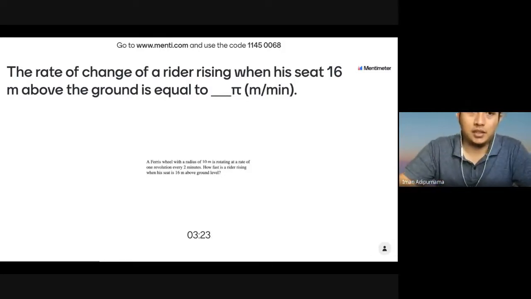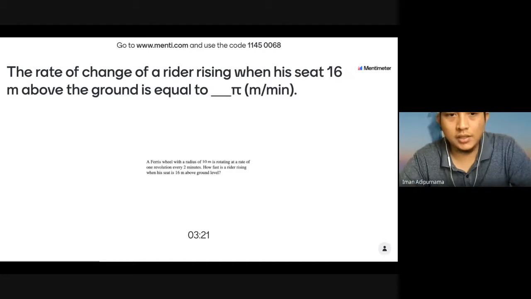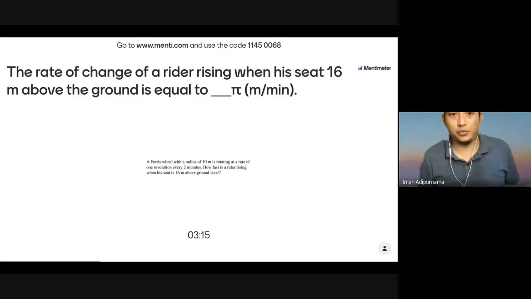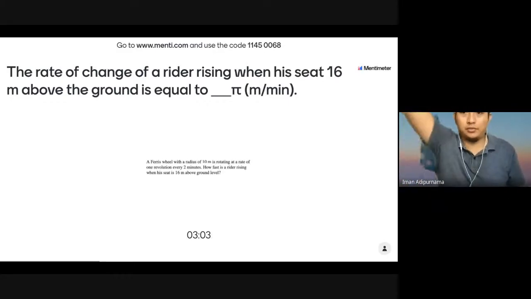A Ferris wheel has a radius of 10 meters. I hope you understand what a Ferris wheel is. Usually, if you go to an amusement park, you will see the ones that are moving, and you get into some height.